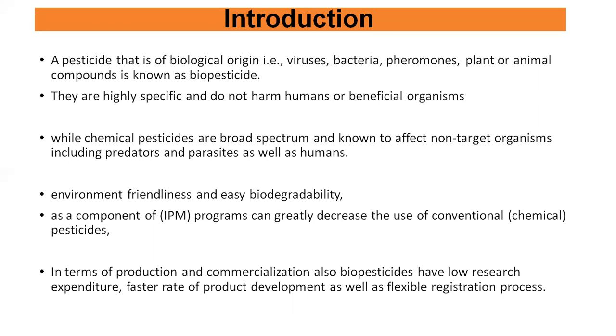So actually a biopesticide is also a pesticide, but it originates biologically, by using different microorganisms, like viruses, bacteria, some pheromones, and some compounds that originate from plants and animals. Together these compounds form what is called a biopesticide.